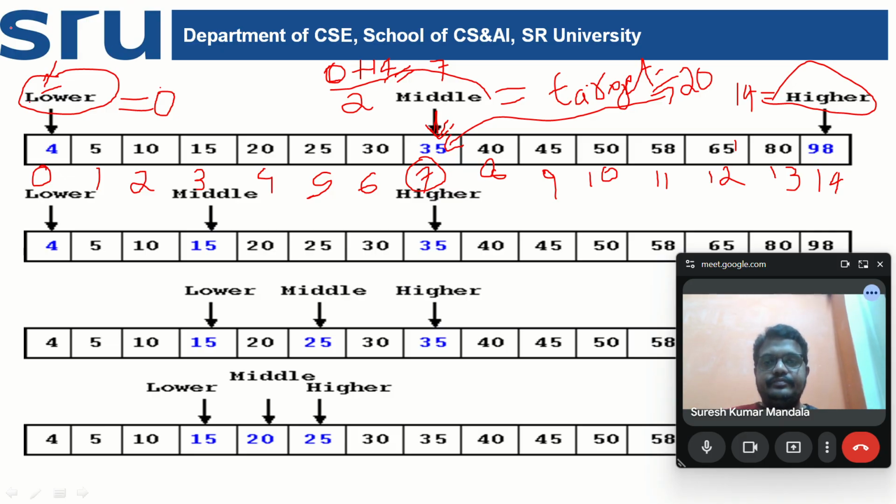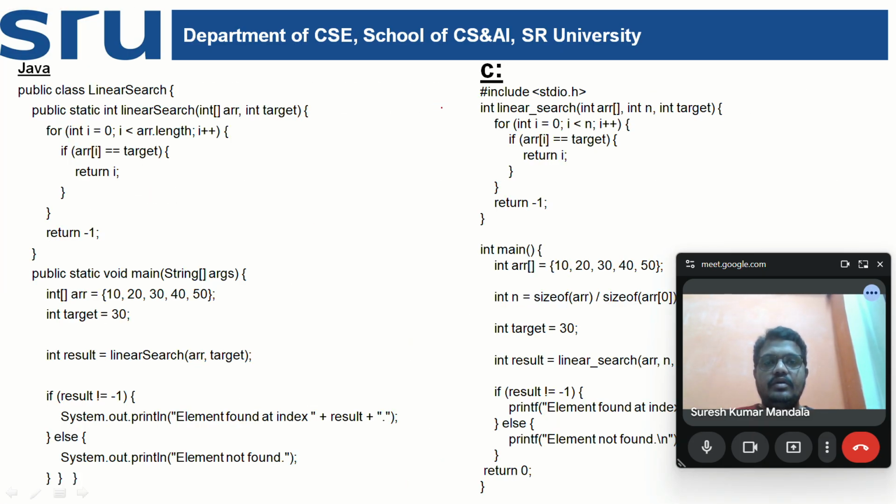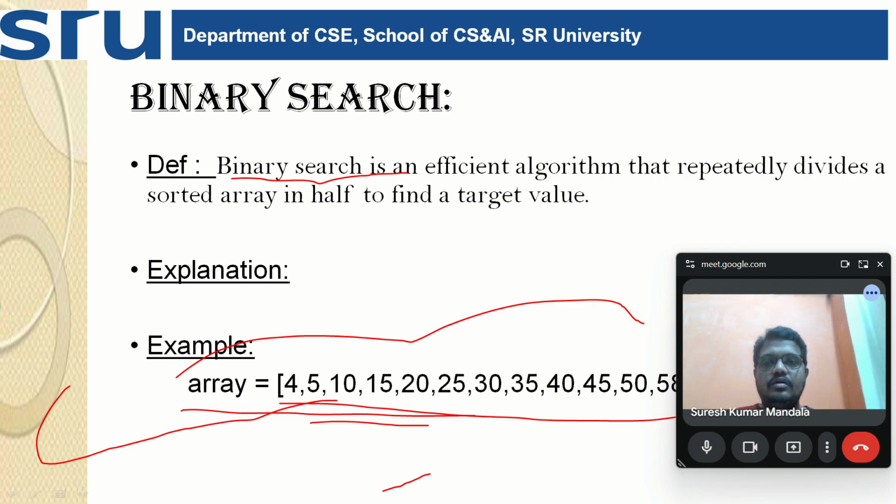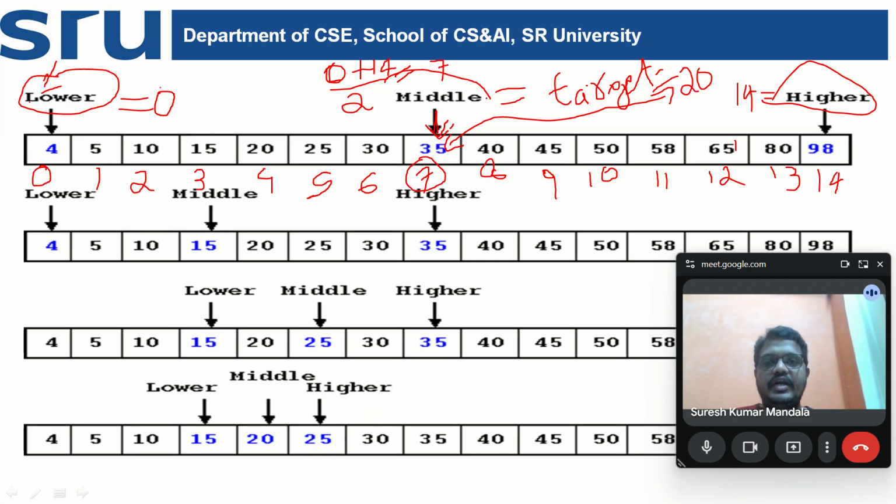We have to check two conditions. Here the target value is 20 and 35 is not equal to the target value.